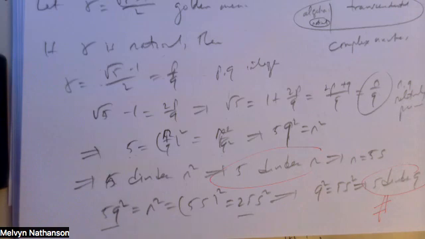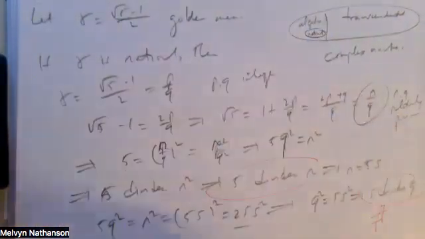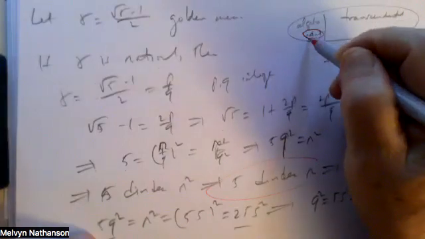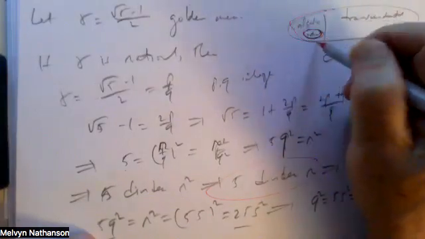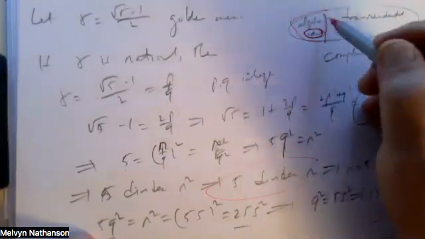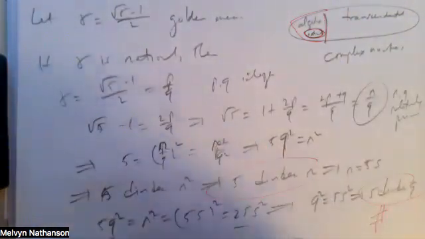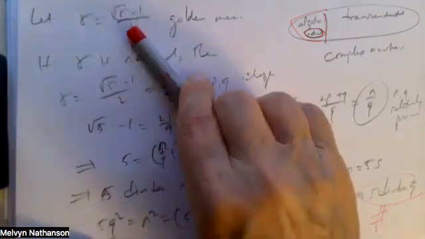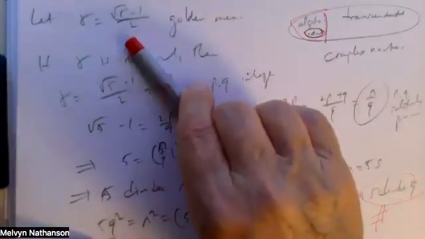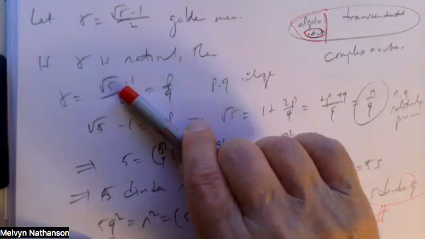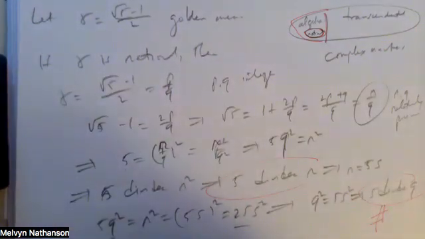So every rational number is an algebraic number, right? In fact, in this little picture you see here, the rationals are contained in the algebraic numbers. Every rational is algebraic, but not every algebraic is rational. I just proved that the golden mean, root 5 minus 1 over 2, is irrational. It's not rational, but I'm about to show that it's algebraic.